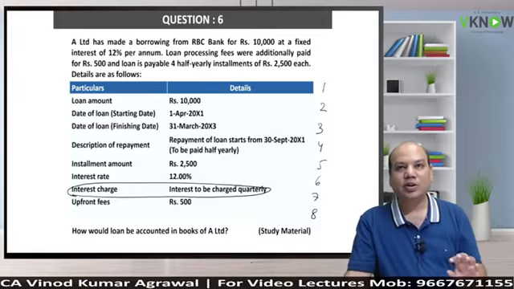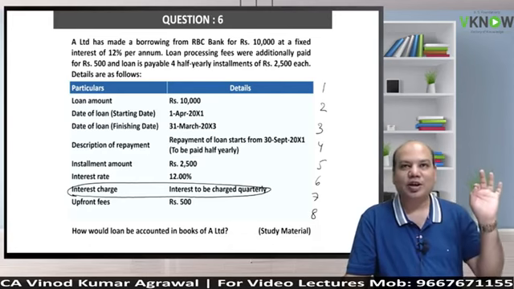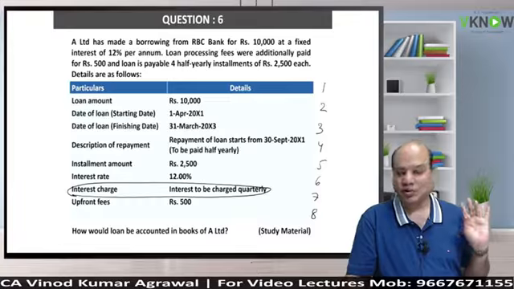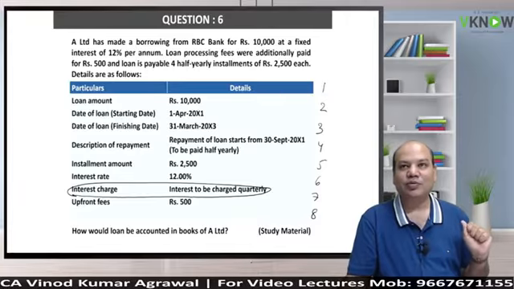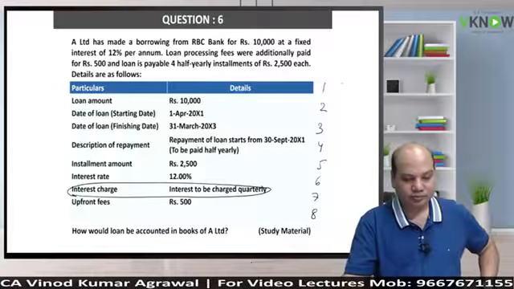So the student makes a second mistake. He takes 4 payments. There are actually 8 payments. Quarterly interest payment, half-yearly principal payment. So tell me, 10,000 rupees into 12% into 3 by 12. So first quarter how much do we pay? 300, na? Is it 300 for 3 months?